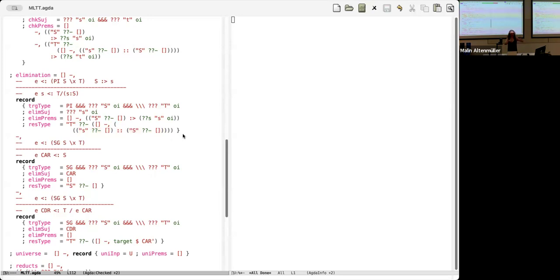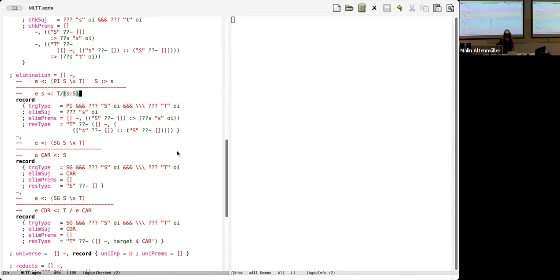Anytime you see a pattern variable, it always has a substitution attached that says how to instantiate the variables it's allowed to depend on. Here, for example, the substitution that little s is attached to is empty, whereas here, because t is under a binder, I have to actually substitute for the bound variable. So this is computing this type here.